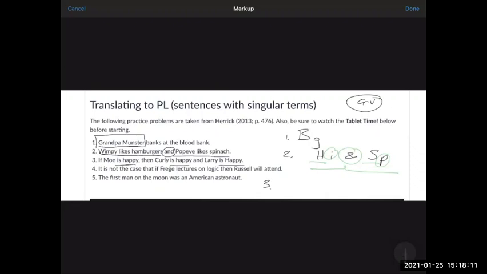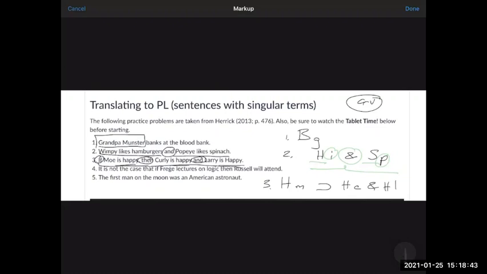But before anything, it's important to recognize we have another truth functional compound. It's an if-then statement, so why not already draw the horseshoe in there? It's saying if Mo is happy, then Curly is happy and Larry, that's a lowercase l, is happy.